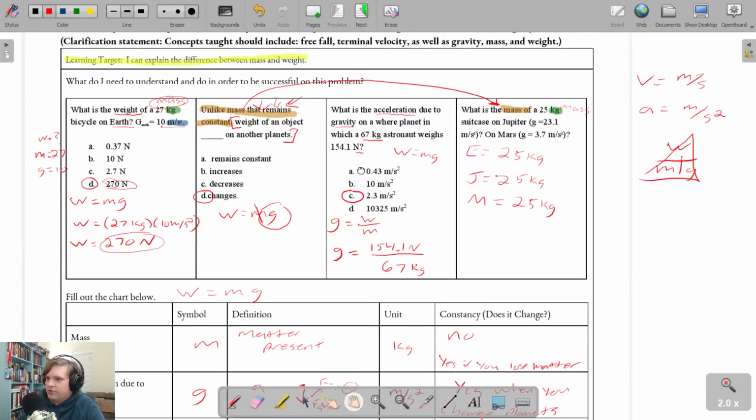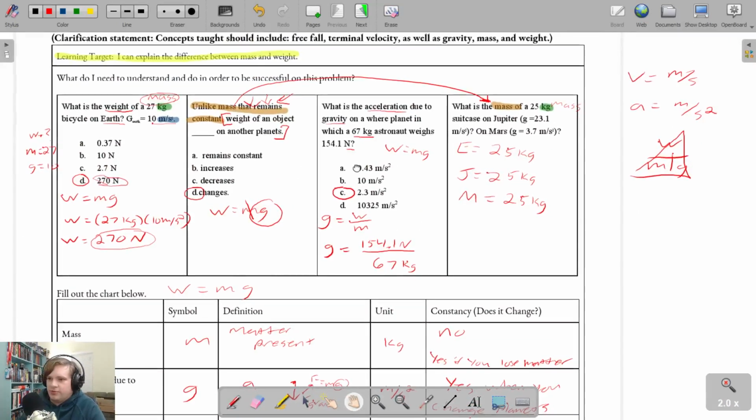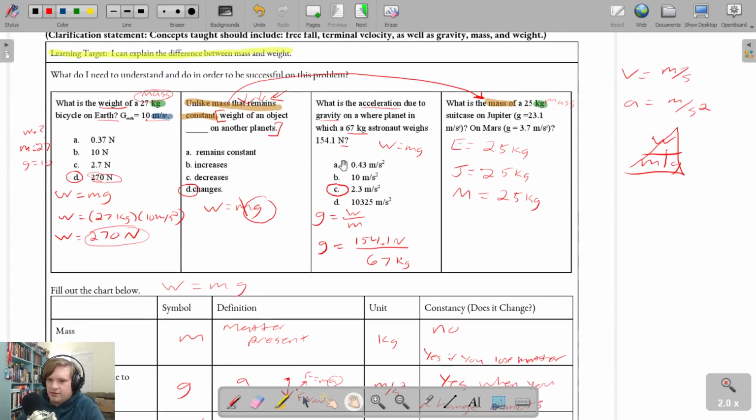Alright, questions over the first learning target. Explain the difference between mass and weight. So stuff can only change with matter being involved for solution. I don't think that sentence makes sense. Try again. I have no idea what you're asking.